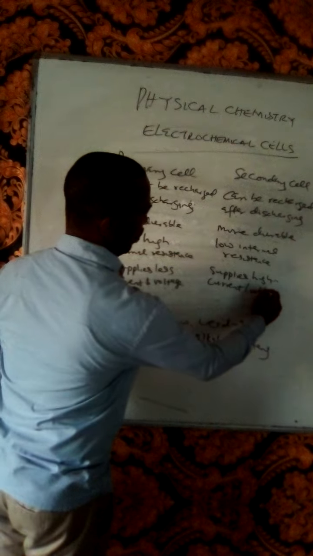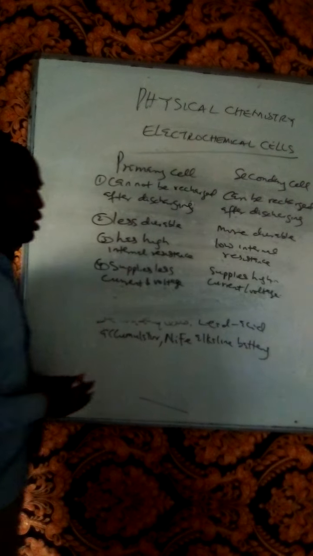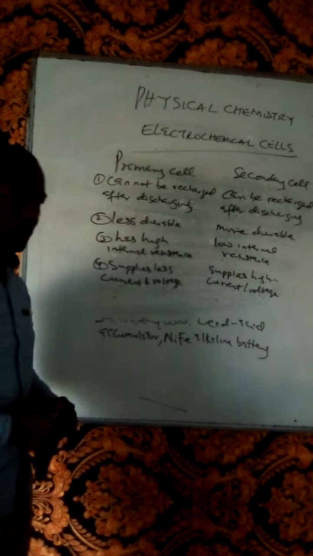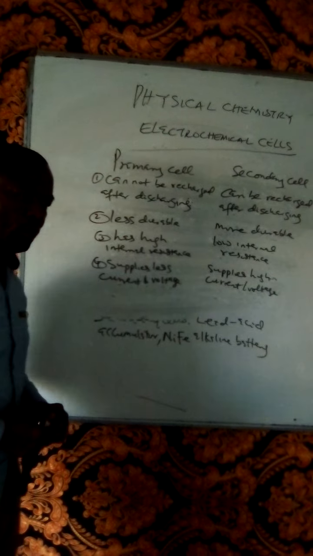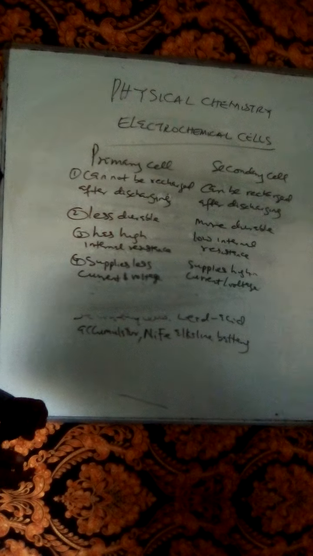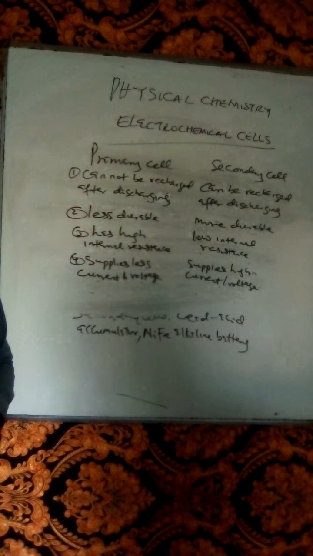So these are the basic differences between the primary cell and the secondary cell, or the advantages of the secondary cell over the primary cell. Then what advantage does the primary cell have over the secondary cell? The primary cell is relatively cheaper compared to the secondary cell.